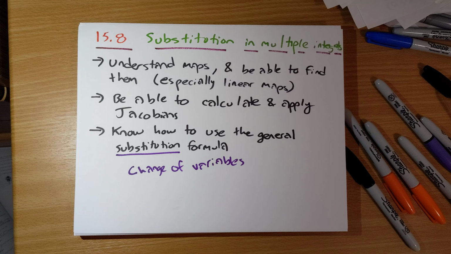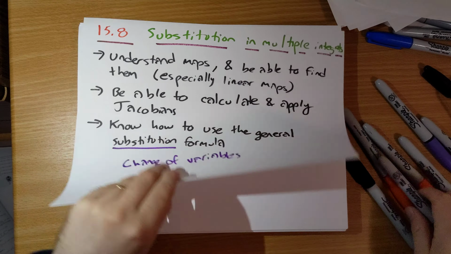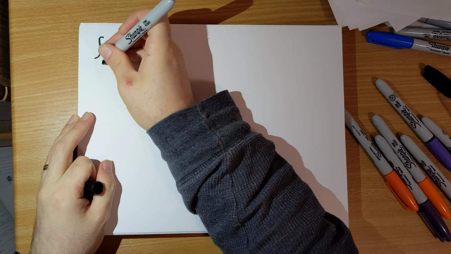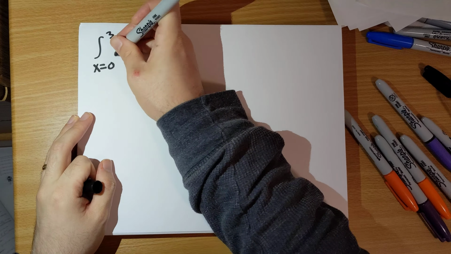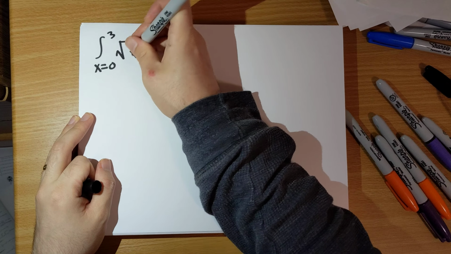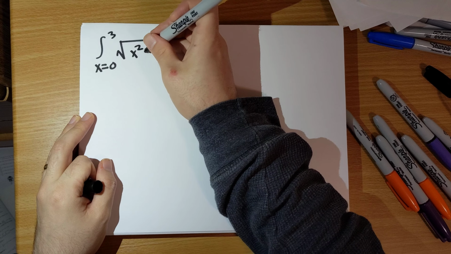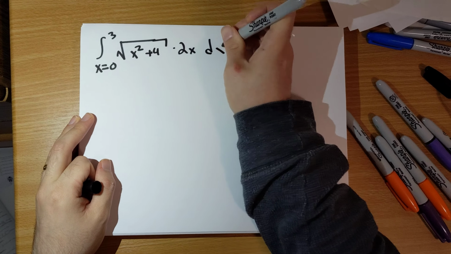Okay, so to get into our discussion here, I want to ask the following question, which is consider the following integral. x runs from 0 to 3. Integrate the square root of x squared plus 4 times 2x dx.